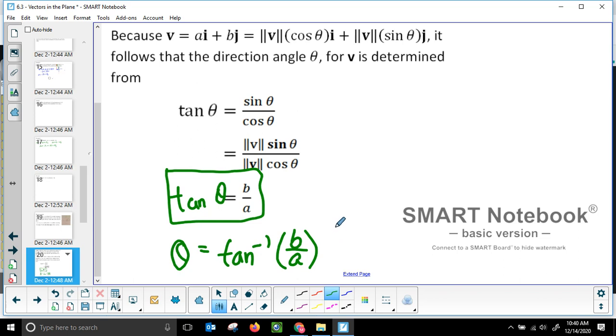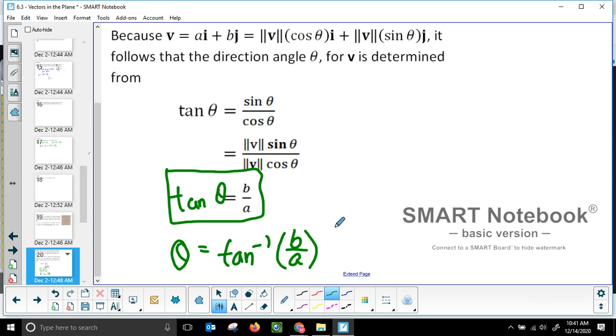Good thing about tangent is its period is 180 degrees. So you can really just add 180 degrees if you know it's supposed to be in another quadrant, right? Like if you know that you're supposed to be in quadrant 3, the inverse tangent will give you a negative angle, which will put you in quadrant 4. If you just add 180 degrees to it, that'll give you the angle that you want in quadrant 3.